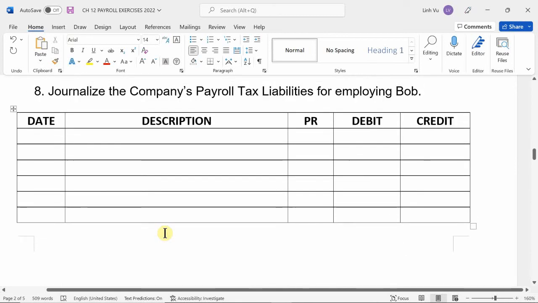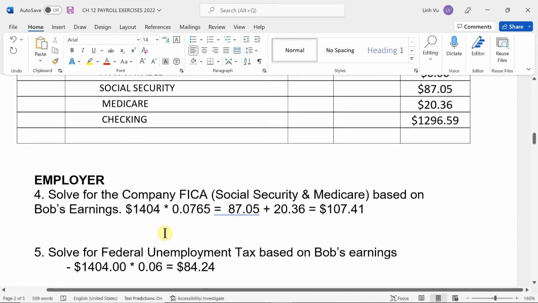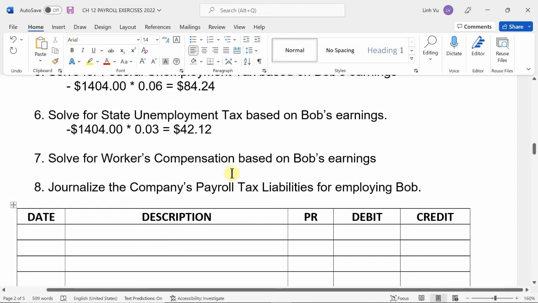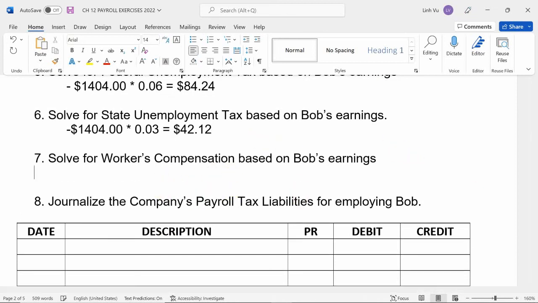Last thing that we need to put in here is going to be Bob's workers' compensation. Based on Bob's earnings, workers' compensation, we said for this class is going to be 1.36%. So we get a total of $19.09.